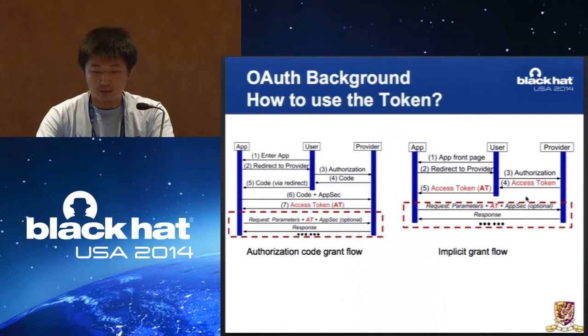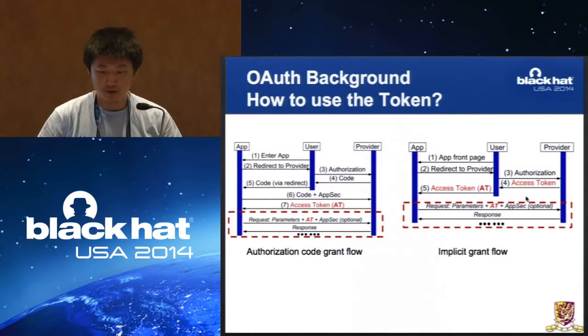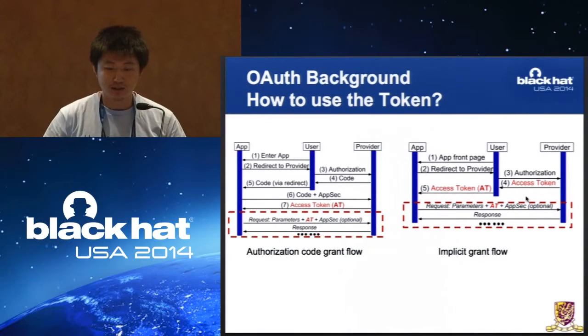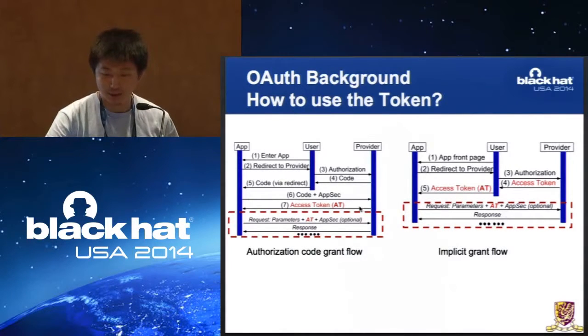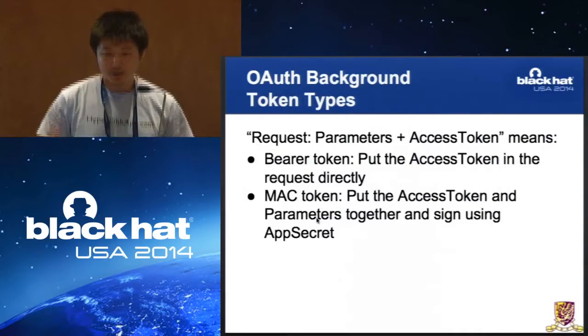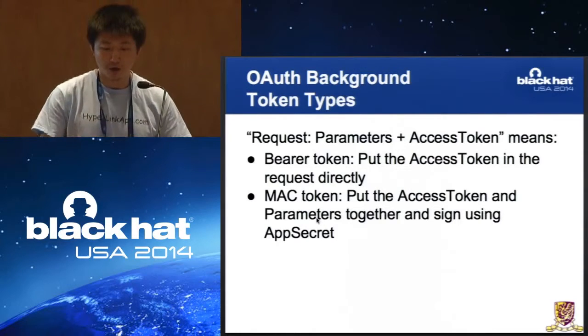Okay, so regardless of which flow you use, at the end of the OAuth flow, you will get an access token. And here is the question, how to use the access token, right? Here we only denote it by parameters plus access token, but this plus sign means something else. So basically, there are two types of token.